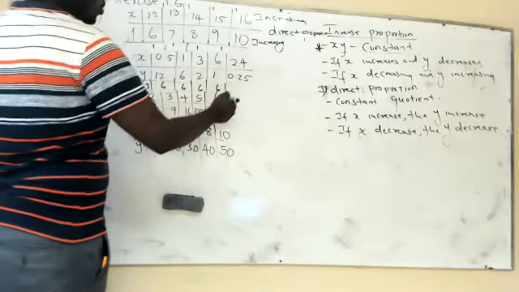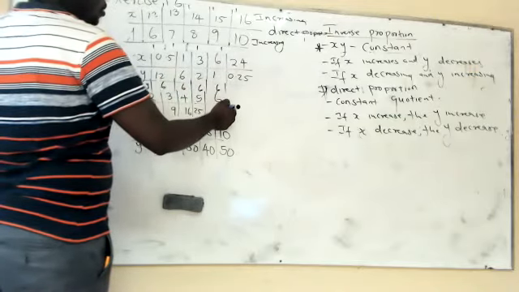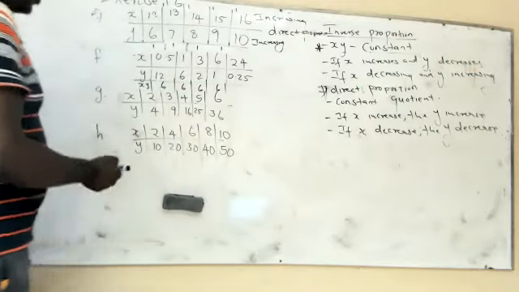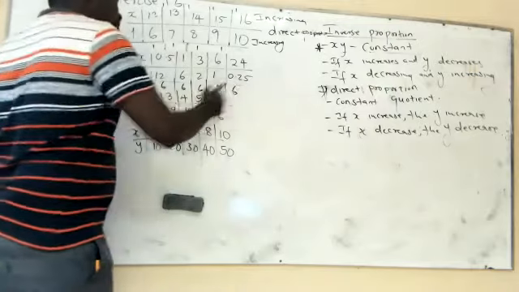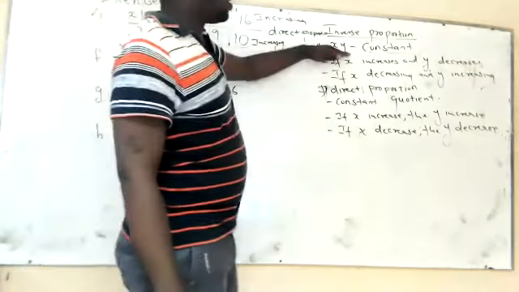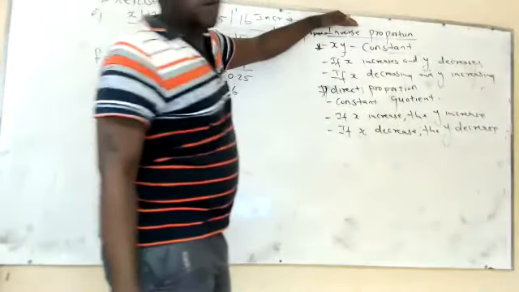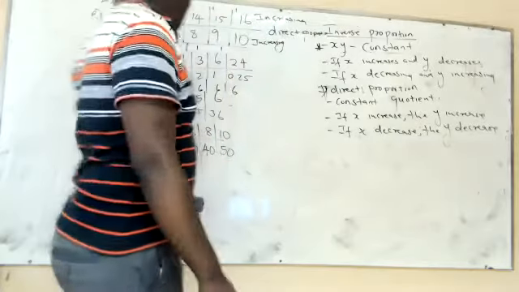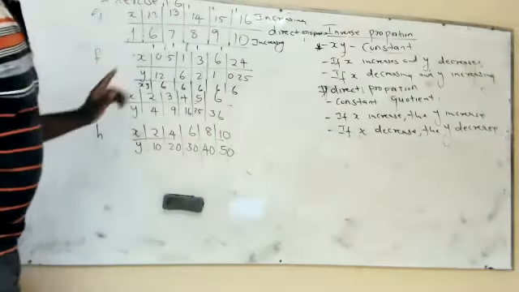And on the last one, what is 24 times 0.25? We get a 6. Yes, very true. Do you see that it qualifies the first condition for the inverse proportion? Yes.